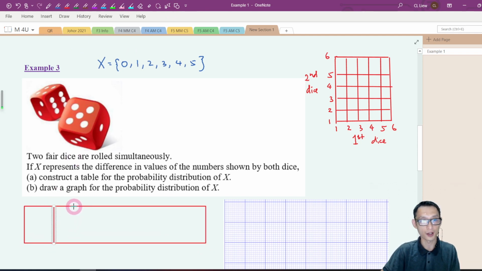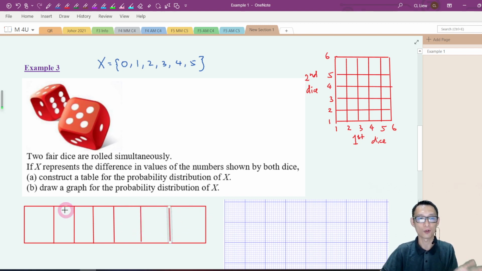Difference 0 means the same value, difference between them 1, and 2, 3, 4, and the last one, 5.